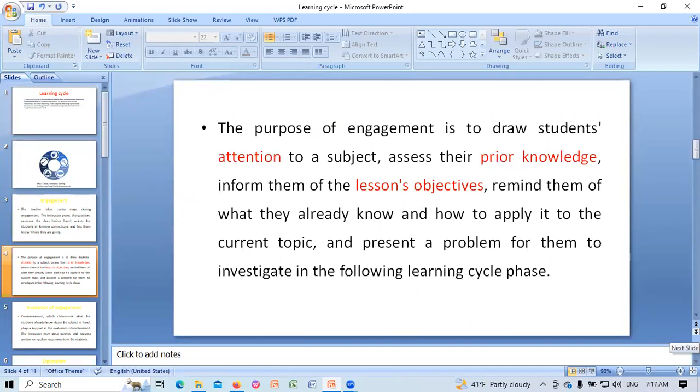The purpose of engagement is to draw the students' attention to the subject, the topics, the problems, and assess the prior knowledge of the students. Inform them of the lesson's objectives, remind them what they already know and how to apply it to the current topic, and present a problem for them to investigate in the following learning cycle phase.